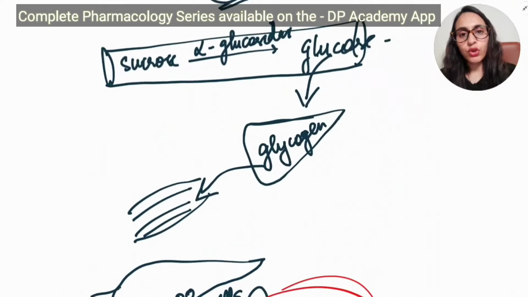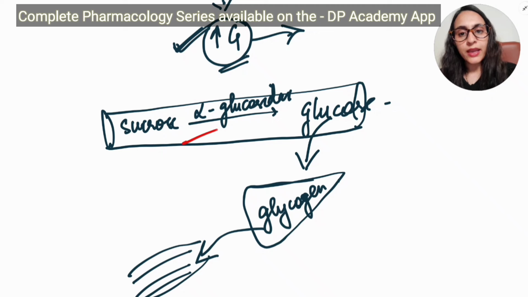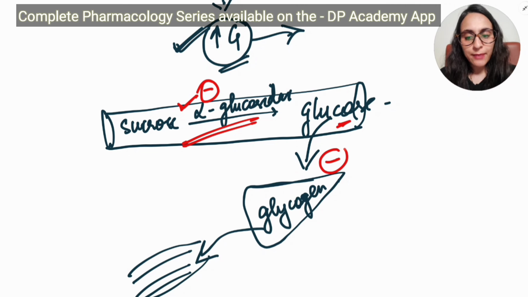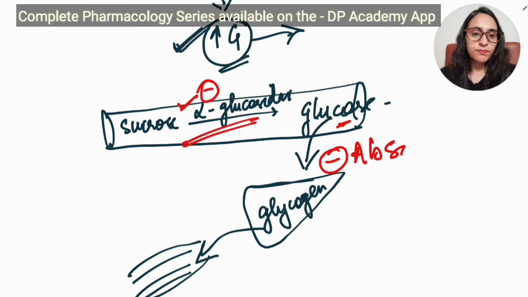You can also inhibit the conversion of sucrose to glucose in the intestine by inhibiting the alpha glucosidase enzyme. That means less glucose is formed and less glucose is absorbed. Also, you can inhibit the absorption of the glucose.